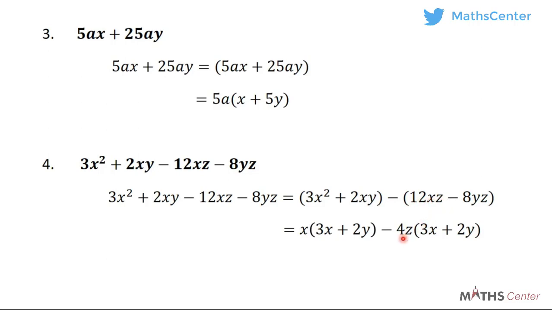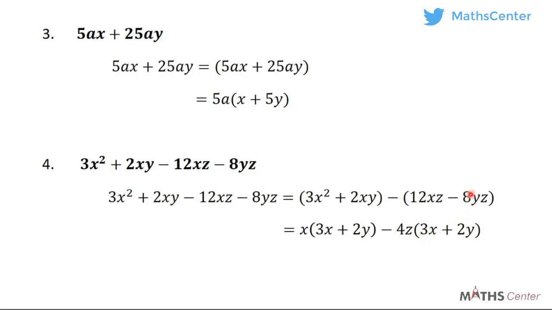Now the common factor is now 4z. So if you divide 12xz by 4z, you can see that z will cancel z, 4 will cancel 12, giving us 3. So we have 3x. So here used to be 12xz, but we have taken 4z outside. So what will be left is now 3x.